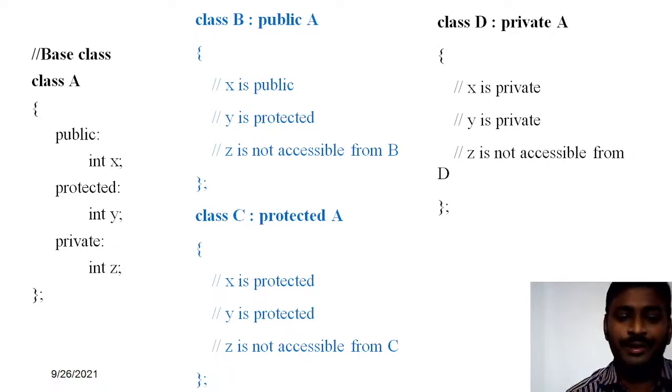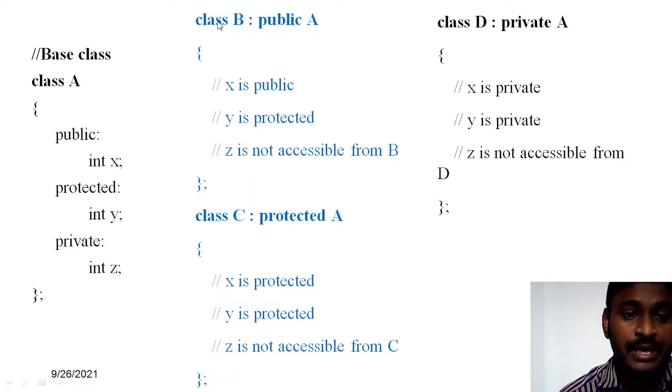Now we have created 3 derived classes, class B, class C, and class D, that derive from the base class A, but in different modes. Class B inherits class A publicly, class C inherits class A protectedly, class D inherits class A privately.